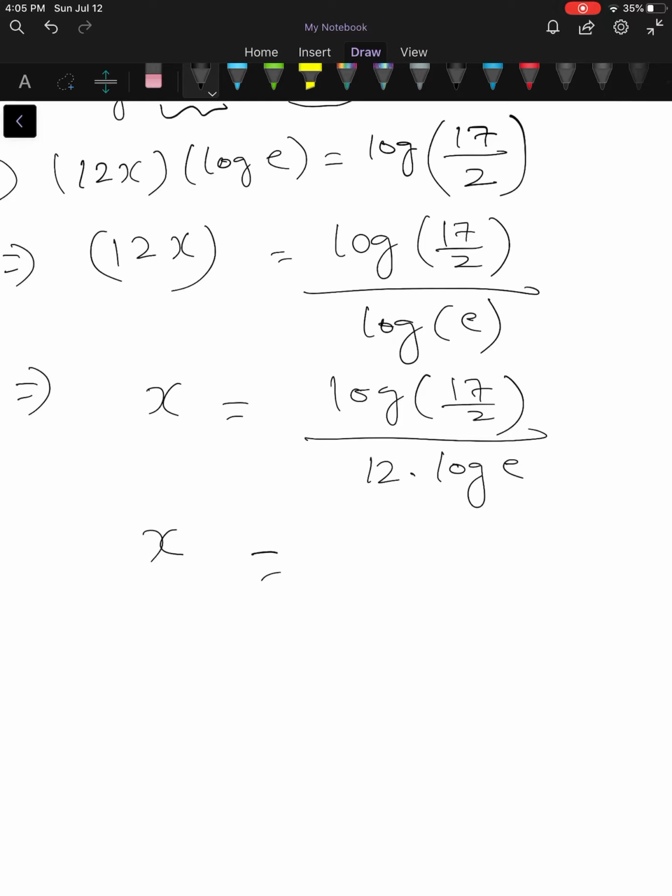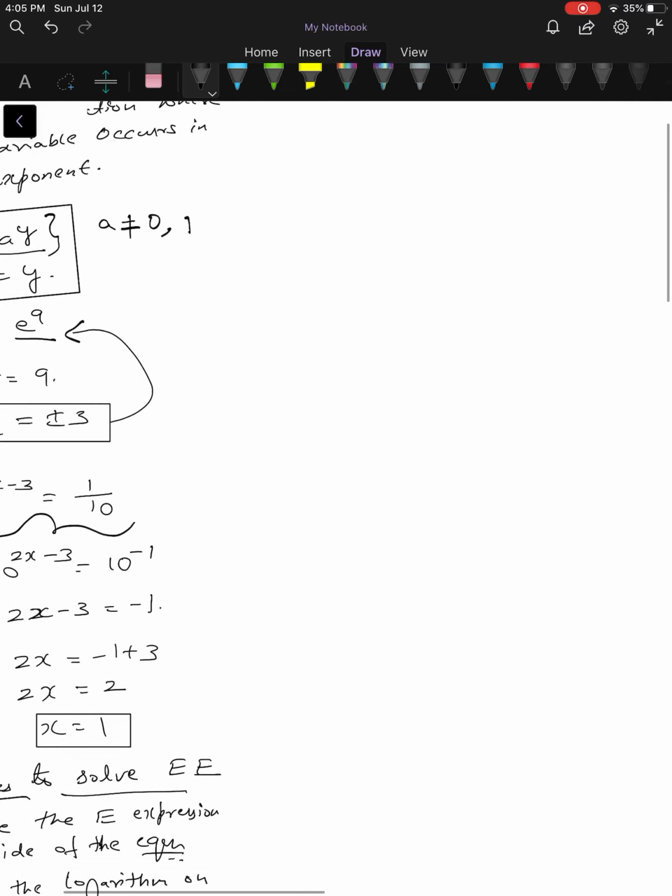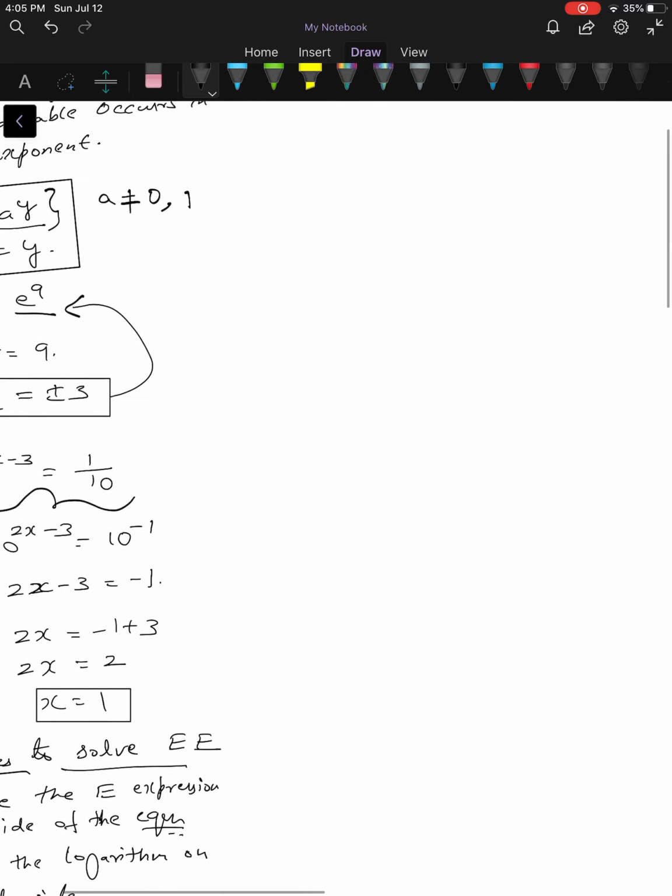So now using the calculator to find the x value, 17 by 2 is nothing but 8.5, correct? So log of 8.5 will give me 0.94 and something as a tail, divided by 12 times log of e. Okay, I'm using a calculator.